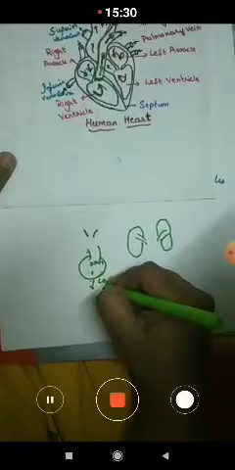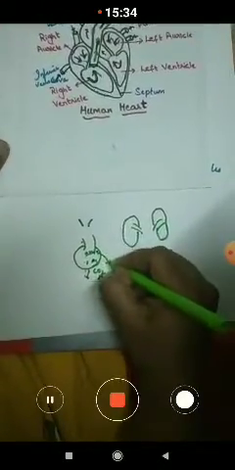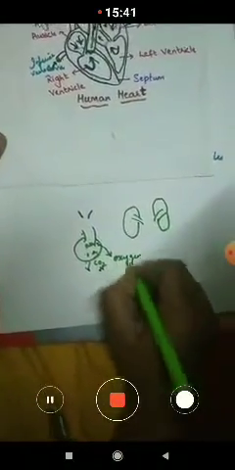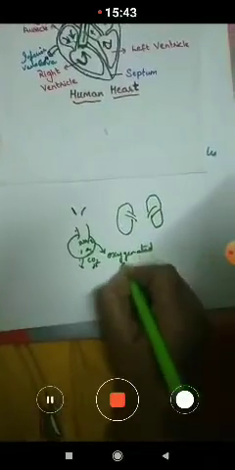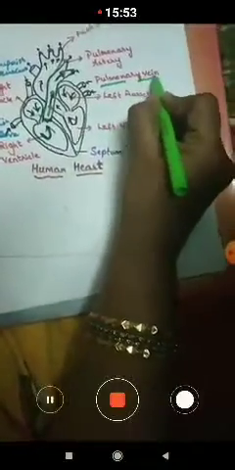The carbon dioxide is given out here, and another blood vessel carries the oxygenated blood. Which is that vein which carries the oxygenated blood? This oxygenated blood is carried by the pulmonary vein. Here it is the pulmonary artery and the pulmonary vein.